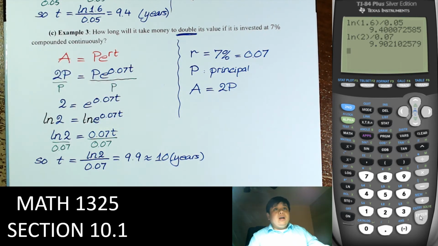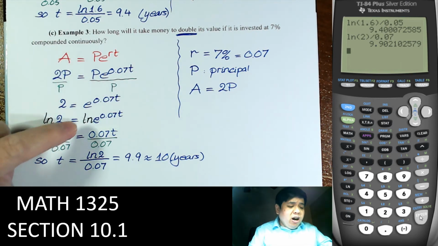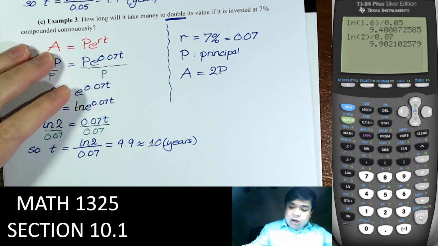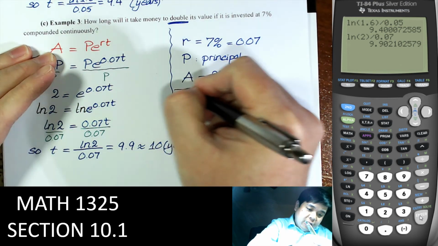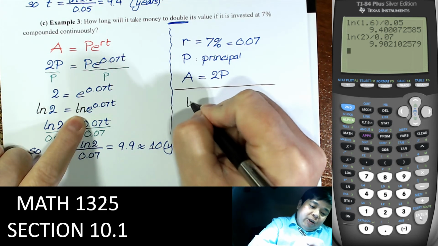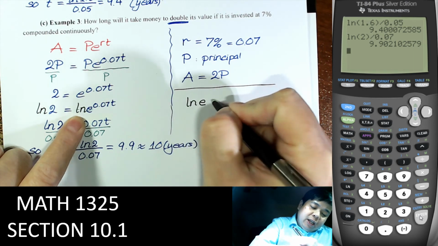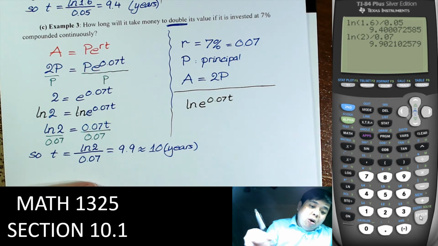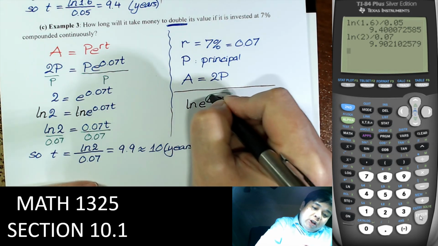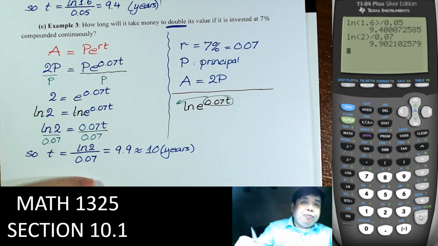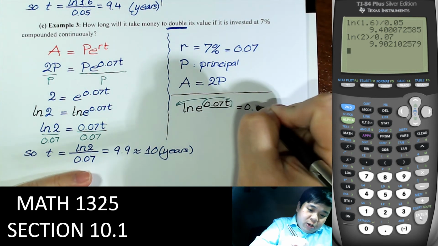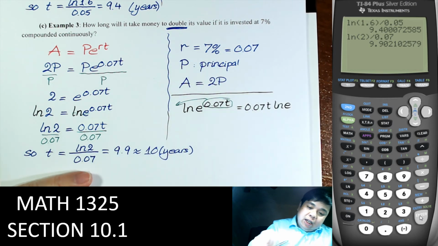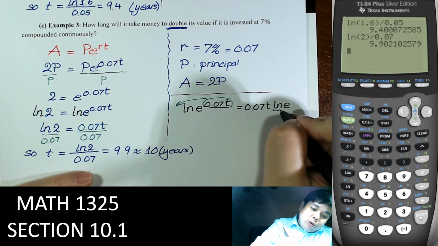Right. By the way, if here we use the properties in general, let me write this again. So we have ln of e^(0.07t). There's a property that allows us to bring the exponent outside like this. So we have 0.07 times t times ln of e, and ln of e is equal to 1.